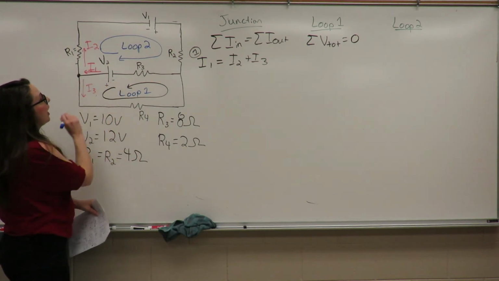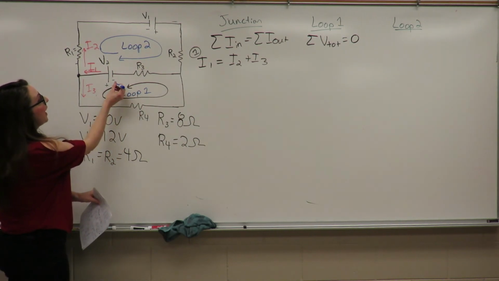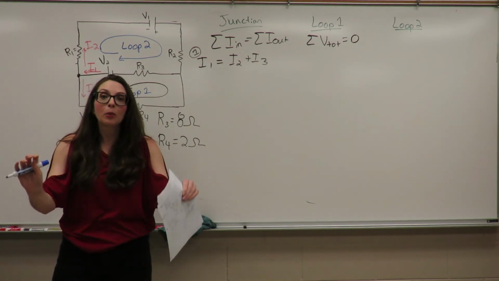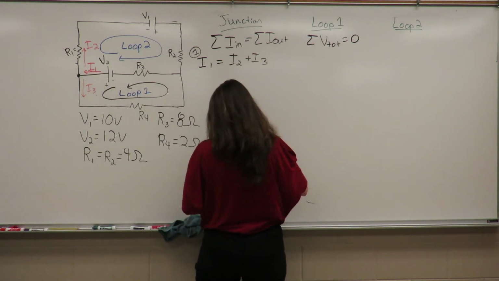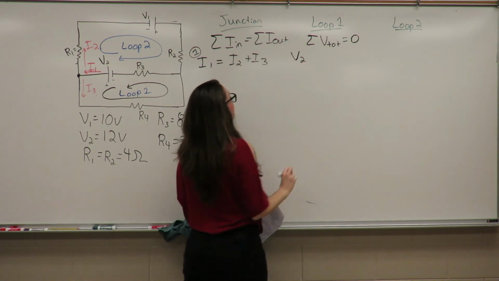So if we start here at our battery V2, as we're moving along the loop from the negative to the positive terminals of our batteries, we increase our potential. And so we're going to call that a positive value for V, and I'm going to refer to that as V2. Okay?